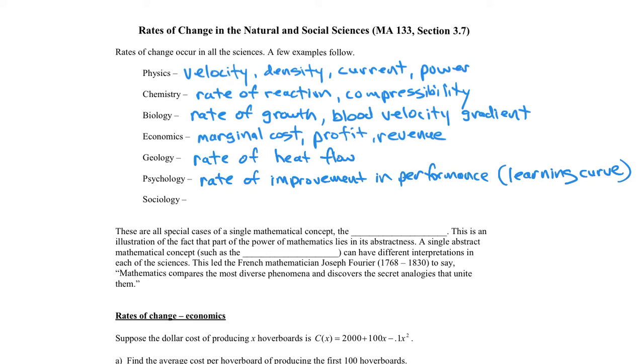These things that I'm mentioning are just some of the rates of change that occur in these fields. So in sociology, there's a rate of change called the rate of spread of a rumor, or a fad. And of course, these have changed in recent times because of the ability of things to spread very quickly online. Our book has an example of this on page 206.